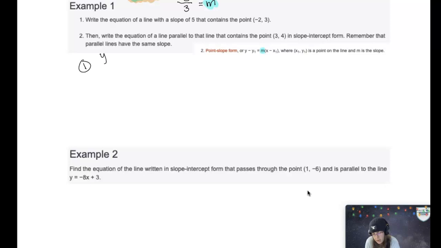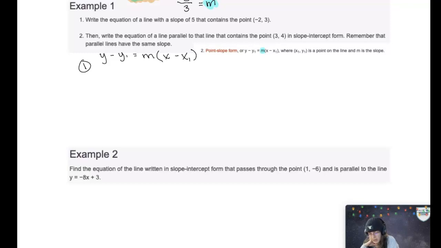So you have y minus y1, which remember is a value of a point, or the value of an ordered pair, is equal to m times x minus x1, which is going to be your other value of your ordered pair.